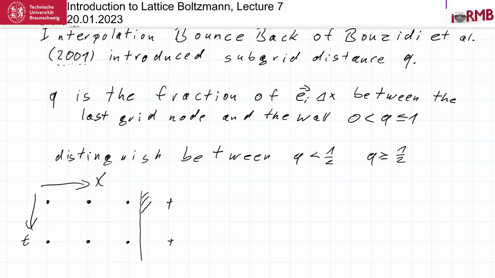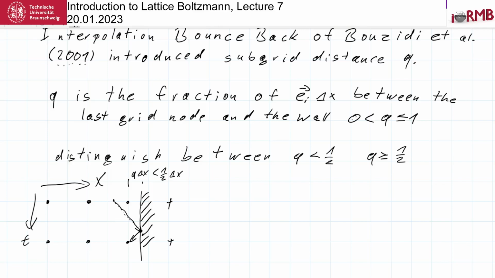So the first thing is that this distance here is q delta x, and this is now smaller than 1/2 delta x. So what you want to have is an incoming distribution at this place. An incoming distribution at this place would come from here, because we are doing bounce back in this position here. And the entire distance traveled is 1, right?